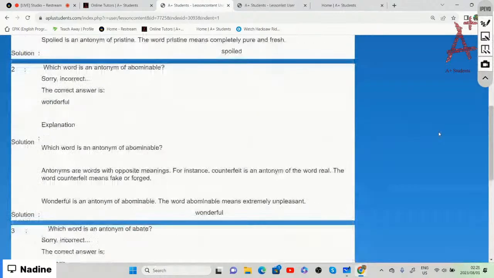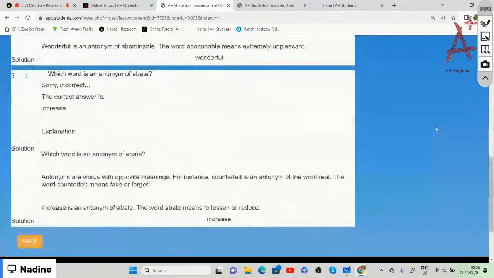All right. Which word is the antonym of abate? The meaning of the word abate is to lessen or reduce.